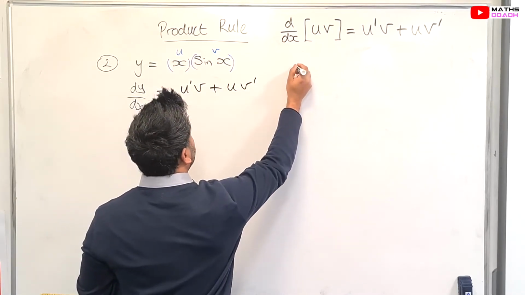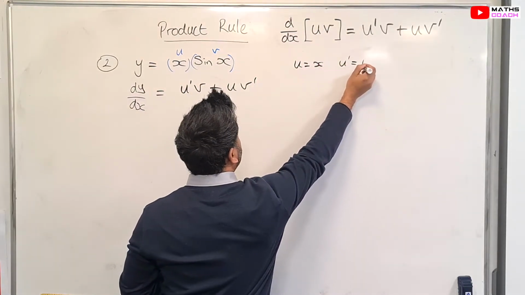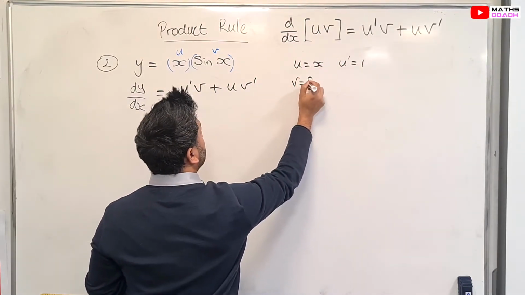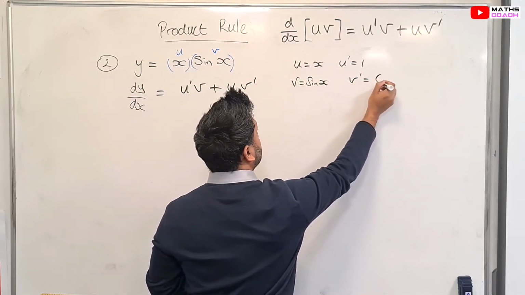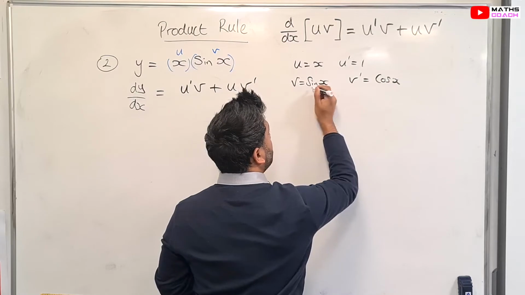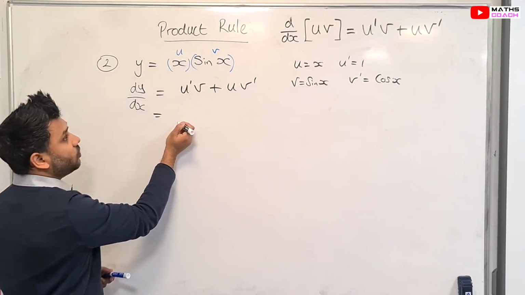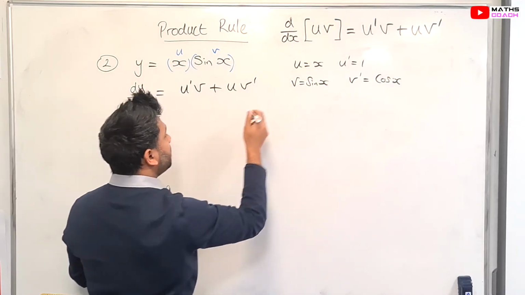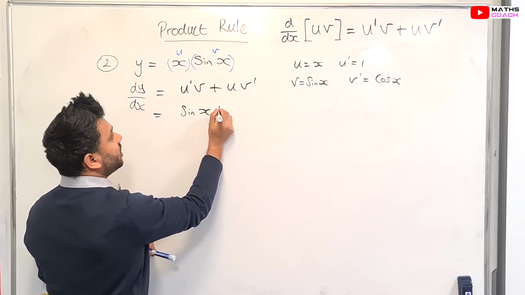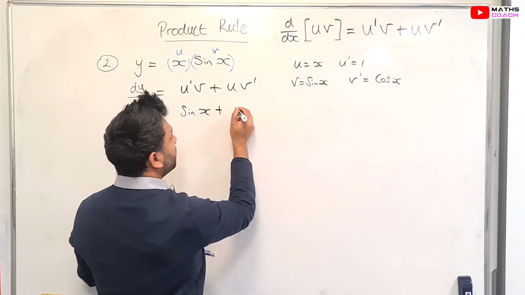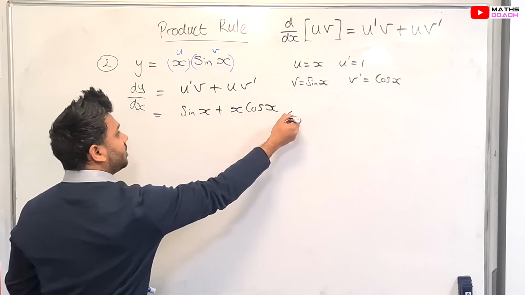So we have u as x, therefore u dash is 1, v equals sine x, v dash equals cos x, because sine differentiates into a cos. So if you put that into the formula, u dash v, 1 times sine x is sine x, plus u v dash, that gives you x cos x. And this is our answer.